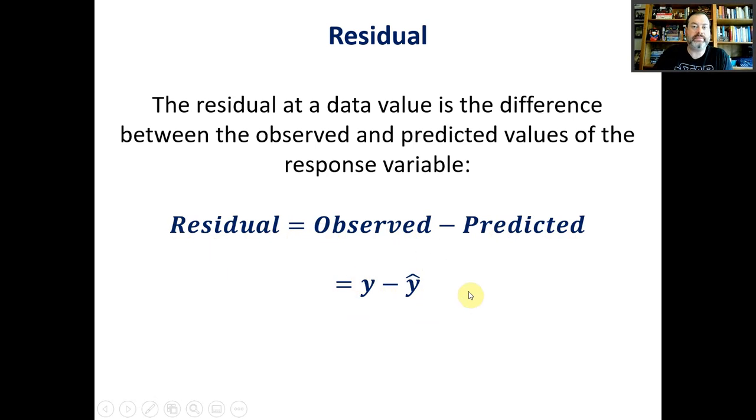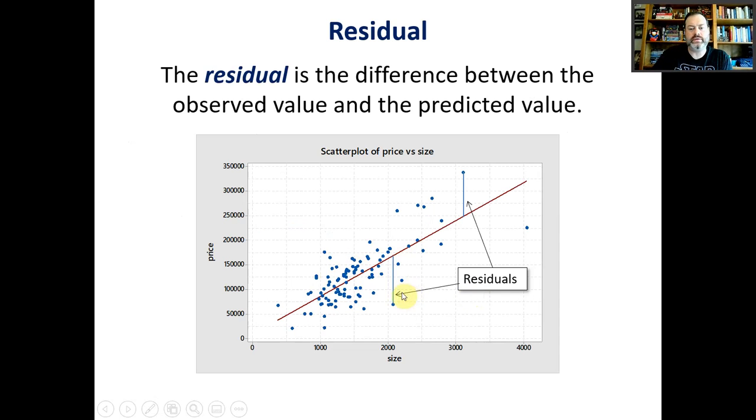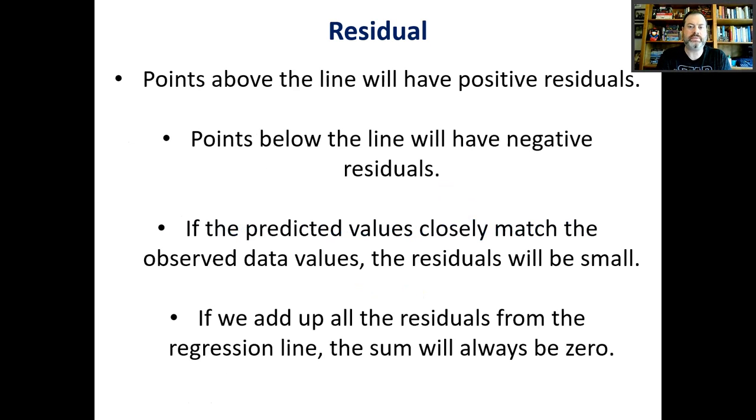So that's just a tiny formula. Going back to this, we want to know, what are these residuals? So we need to look up in the data set the actual price of these houses and then subtract the predicted price. All the points above the line have positive residuals.